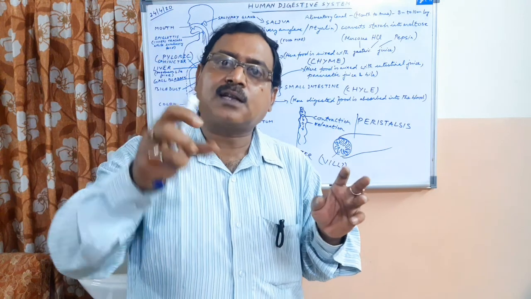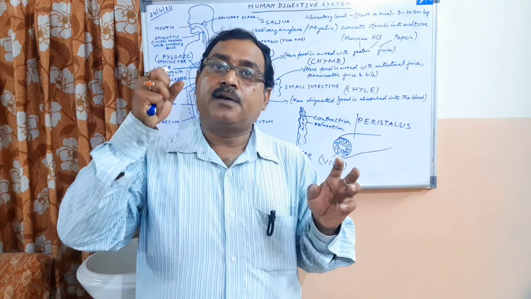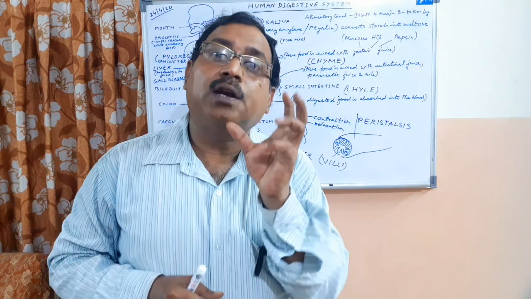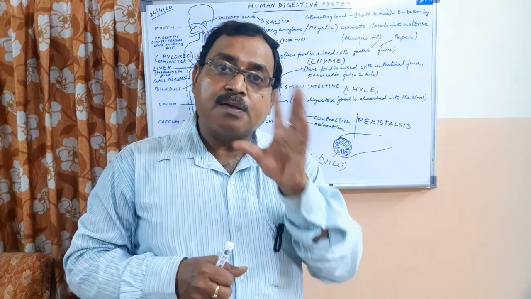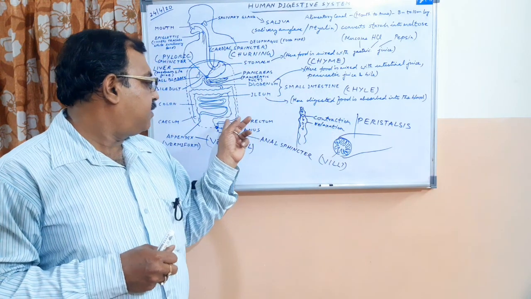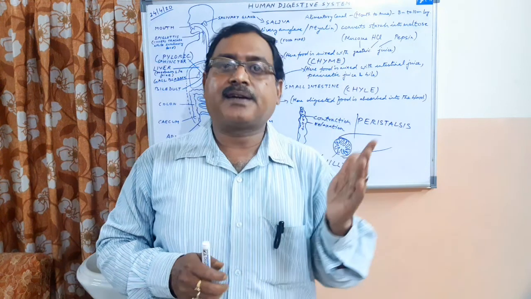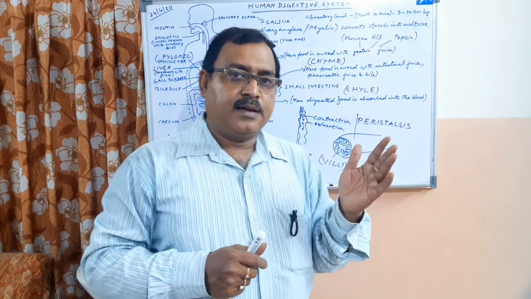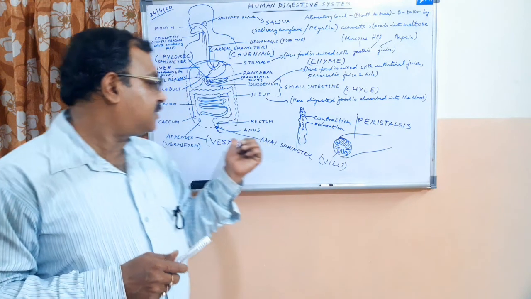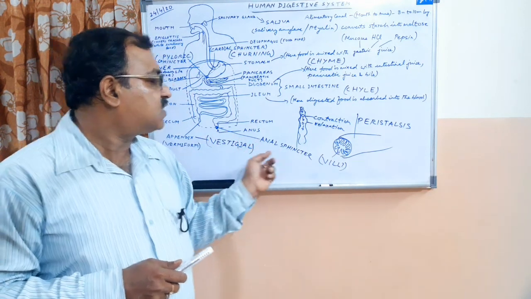Water keeps on getting absorbed, so that it becomes more and more solid. And then this solid fecal matter is totally formed in the rectum. Then from the rectum, it passes out of the body through the anus by the movement of the anal sphincter.